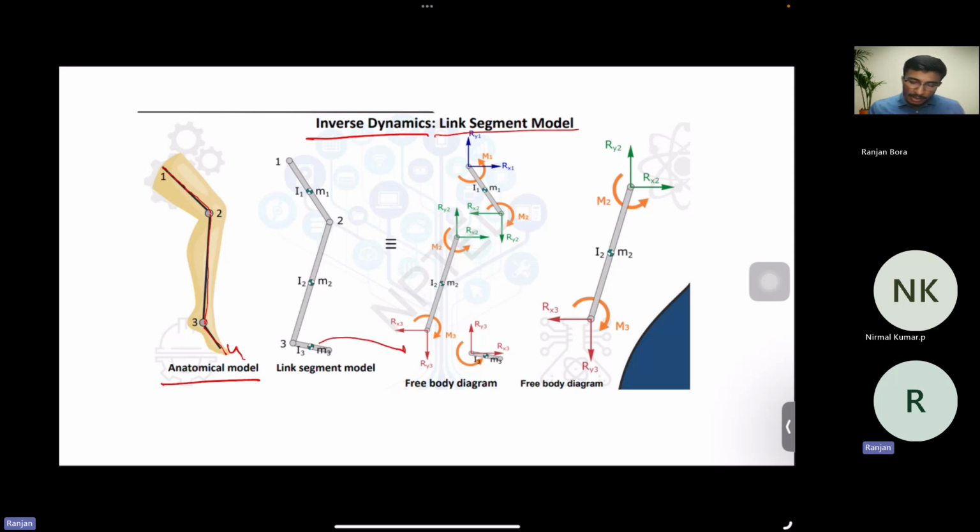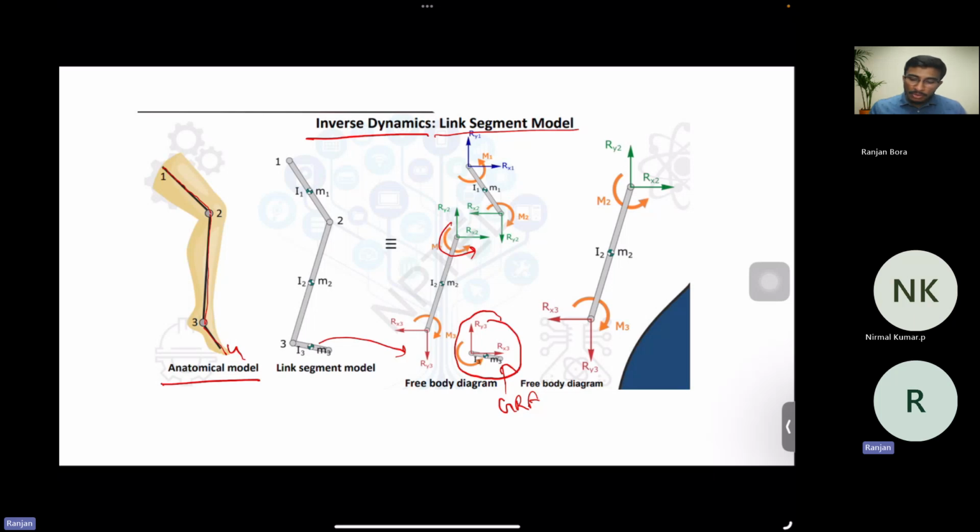Now in the foot, if there is a ground reaction force acting here, then using this particular segment, we can calculate the joint reaction forces at the ankle, Rx3 and Ry3, and also the moment around the ankle joint. In the next step, we can use those data for finding the joint reaction forces in our knee joint. So we can do the inverse approach.